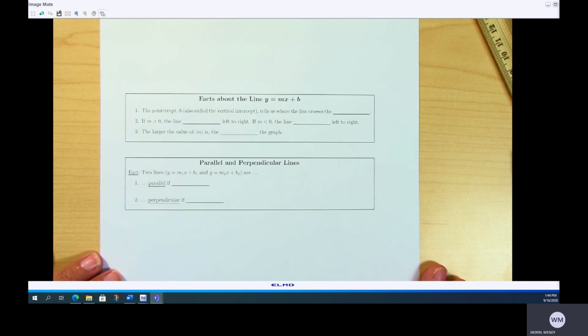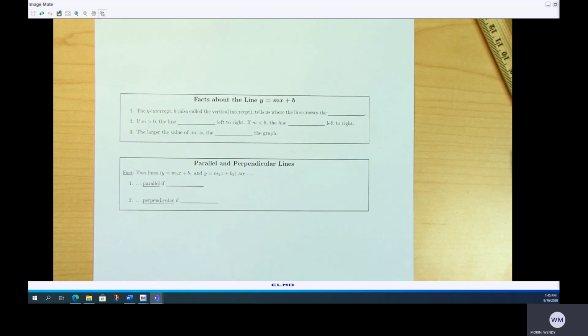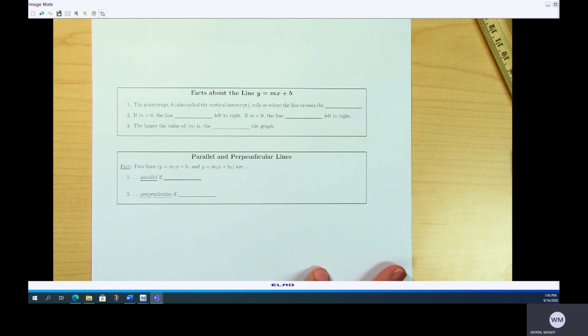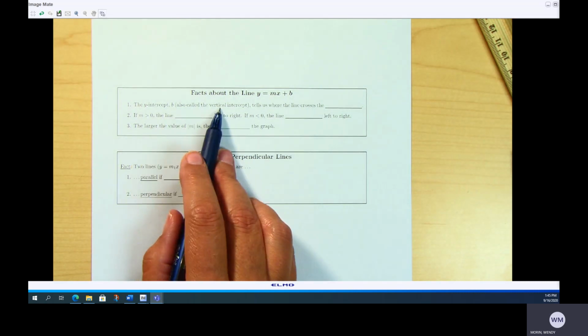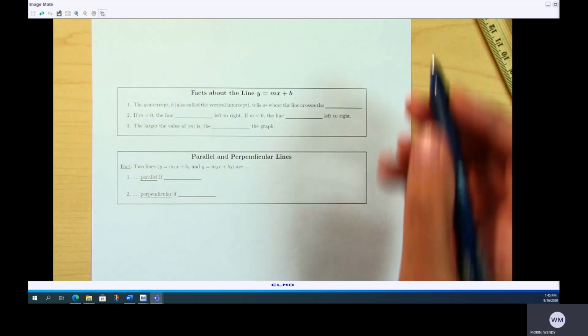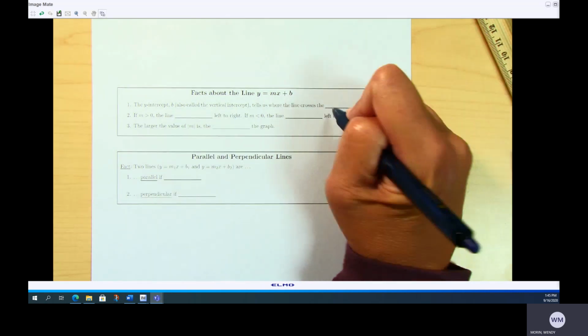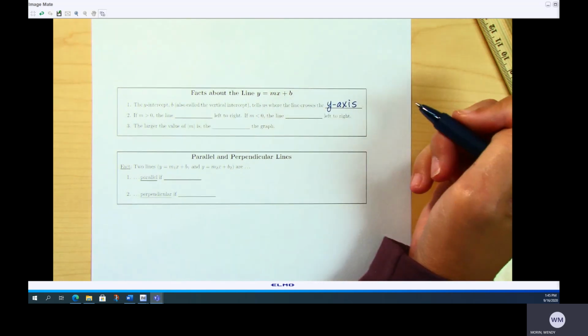What are the facts about the line that's in y equals mx plus b form? Well, if you didn't get those right, review these facts. The y-intercept, the b, is also called the vertical intercept, tells us where the line crosses what? The y-intercept is where it crosses the y-axis.